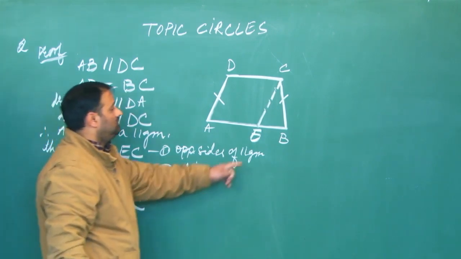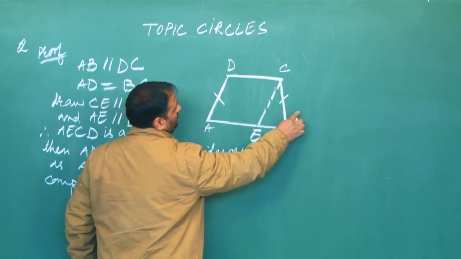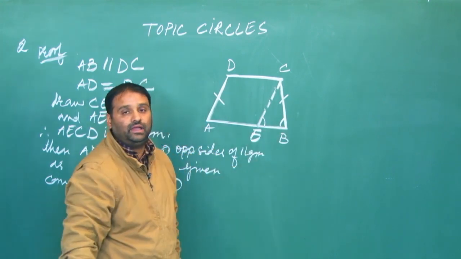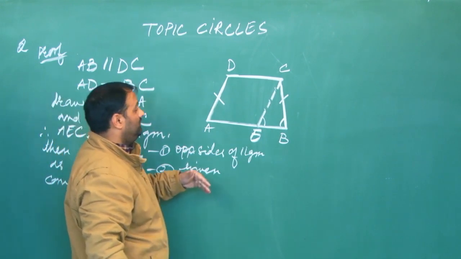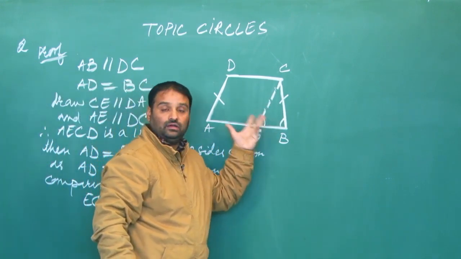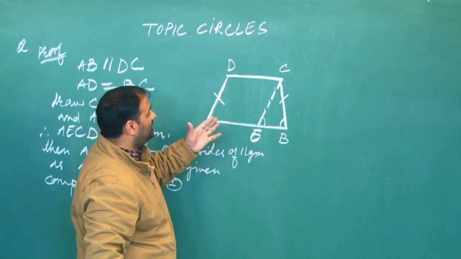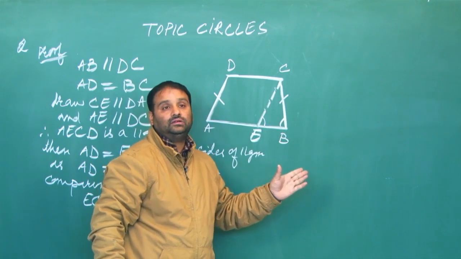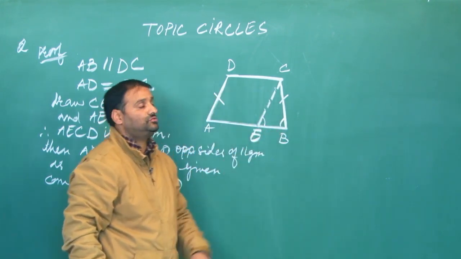If you take triangle BEC, and already we proved that EC is equal to BC, then their opposite angles are also equal by isosceles triangle property. Isosceles triangle, because the opposite two sides are equal, and when the two sides are equal, then by definition the opposite angles formed on these two equal sides are also equal.